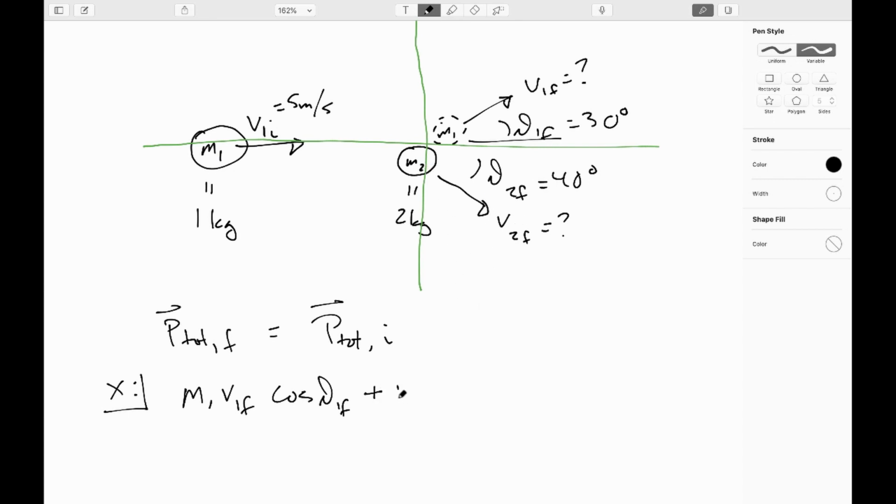Its total momentum would be m2 v2 final, but we only want the x component of it, so that will be cosine theta 2 final. And this will equal the x component momentum initially. Well, we set our coordinate system so that m1 was moving entirely along x, so this will just be m1 v1 initial.